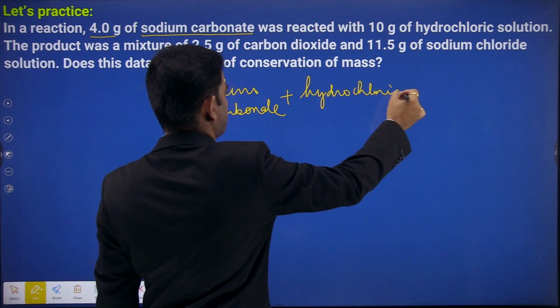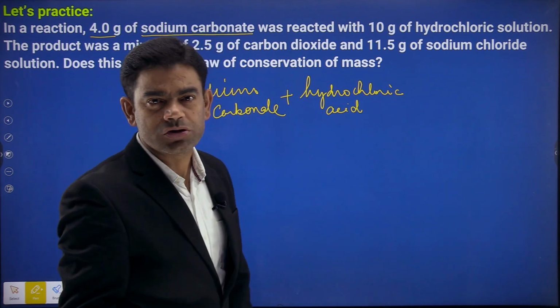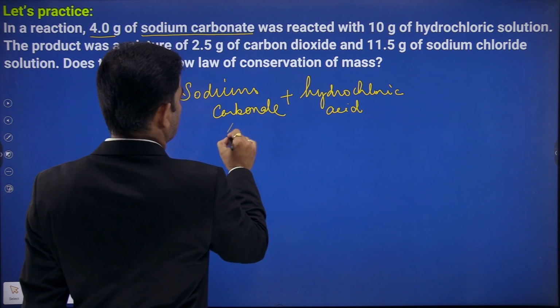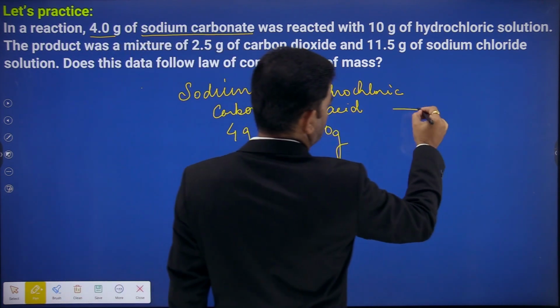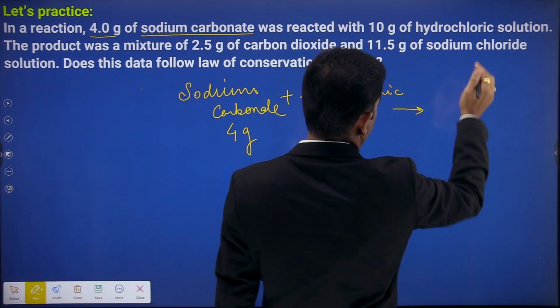I am not writing the symbol at present. Symbol आपको सिखाएंगे, उसके बाद में बताएंगे भी कैसे लिखते हैं. So sodium carbonate, how much I am having? 4 gram. Hydrochloric acid, 10 grams, and they both combine to give you carbon dioxide and sodium chloride.